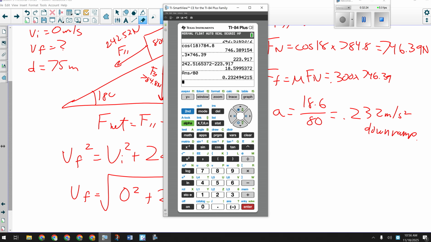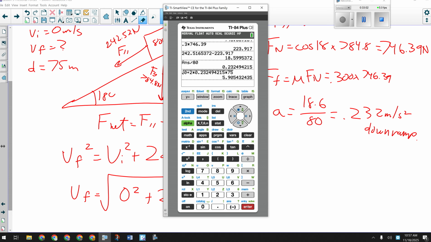So when we punch that in, square root of 0 plus 2 times the 0.232, with all the digits in it, times 75. So at the bottom of the hill, 5.9 meters per second, sorry, 5.9 meters per second down the hill.